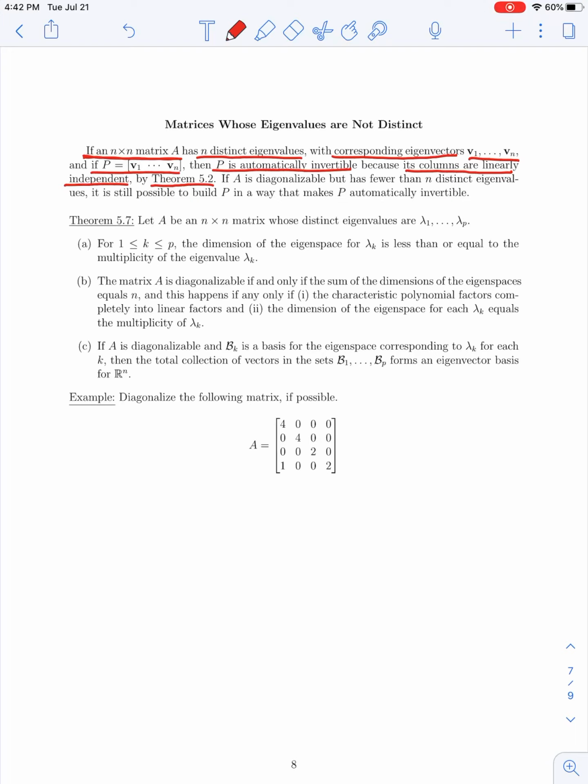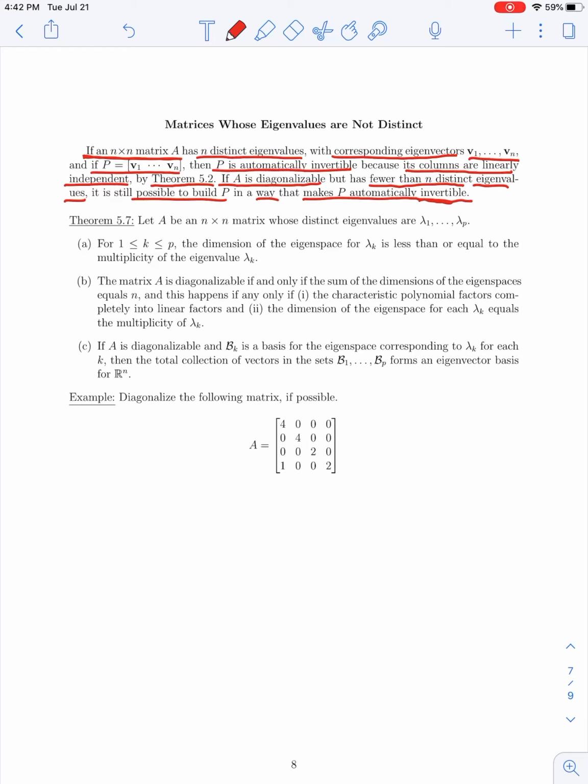However, if we have a matrix A which is diagonalizable but has fewer than n distinct eigenvalues, we saw it's possible that we can build a matrix P in such a way that P will be invertible. Recall that we need P to be an invertible matrix in order for this factorization to work.